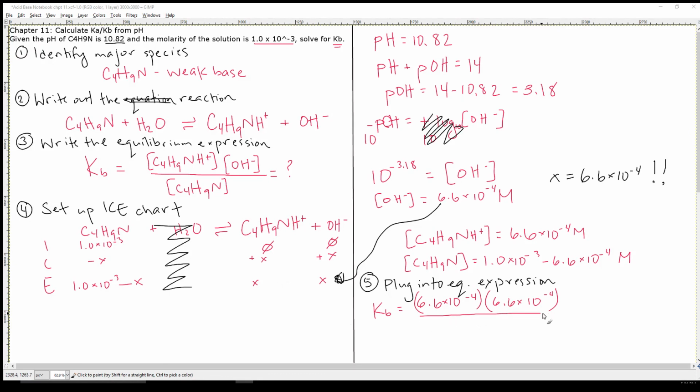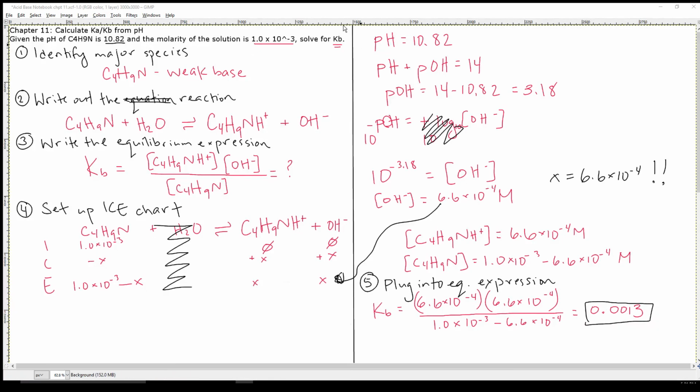And then I know on the bottom I need my original molecule, so I'll put this whole mess down here: 10 to the negative third minus 6.6 times 10 to the negative 4. Okay, crunch those numbers. Let's see, how many sig figs do we want? We want 2 sig figs, so that gives us 0.0013, and that's our answer.